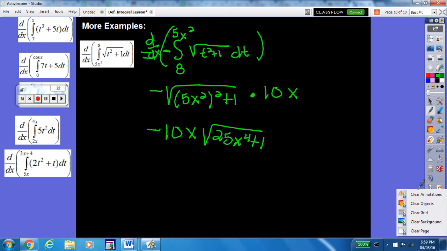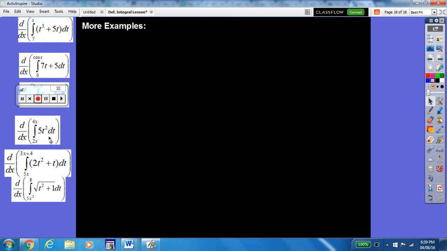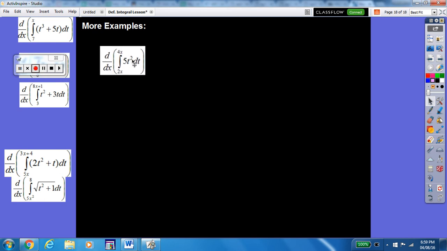Okay, I'm going to go ahead and show another example. So we'll move this one back down here. Here we go. This one, the boundary has 4x on the top and 2x on the bottom. Again, I don't have to worry about actually doing an integral or anything. The integral and the derivative undo each other.